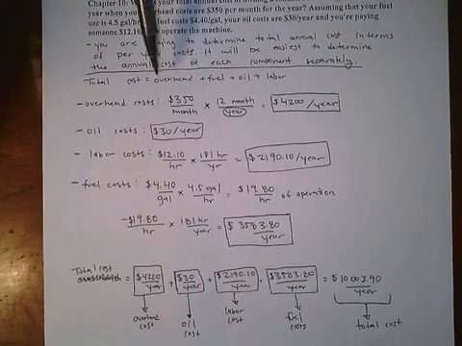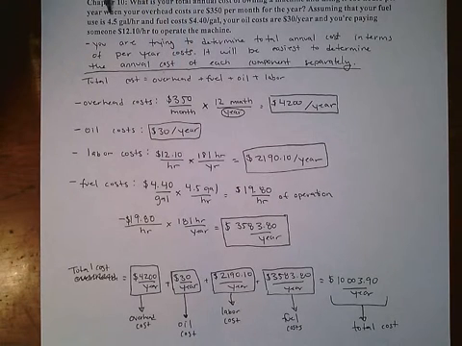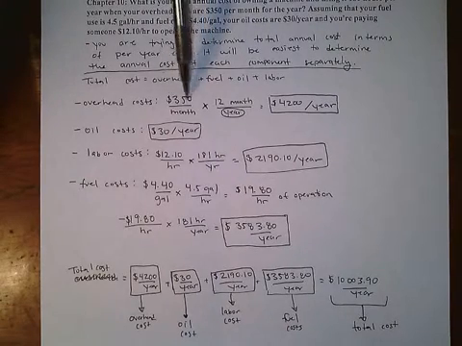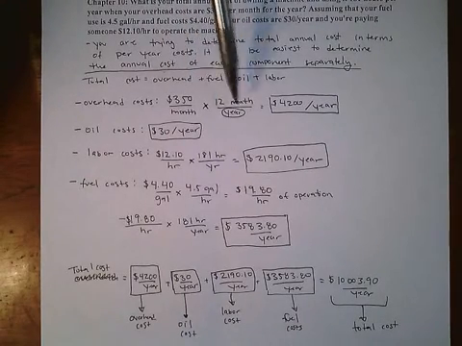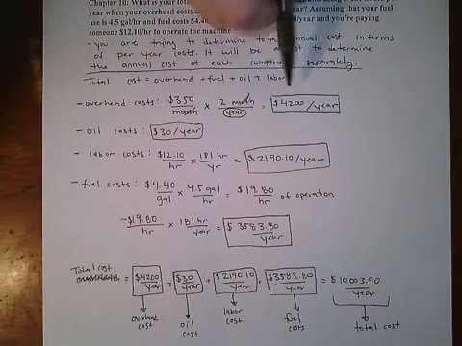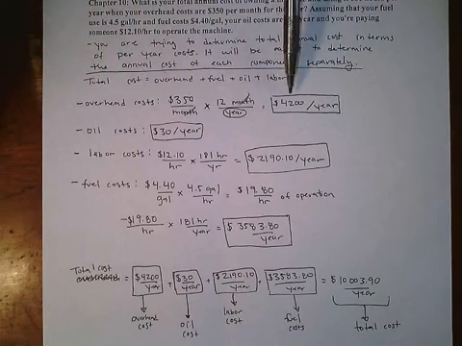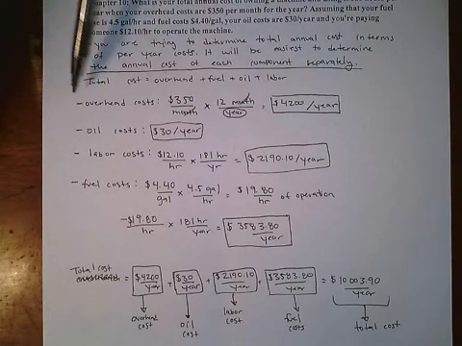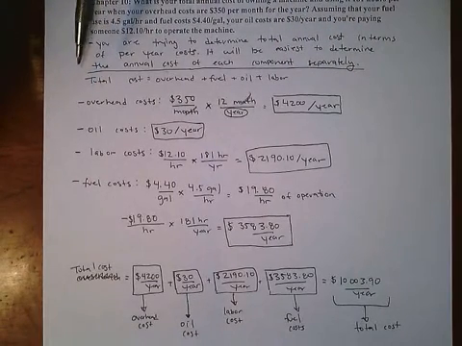So the overhead costs were given in $350 per month. And since there's 12 months in a year, we just multiply the $350 per month times 12 months so that your months cancel out, which will leave you with dollars per year. So in this case, it's $4,200 per year in overhead costs.